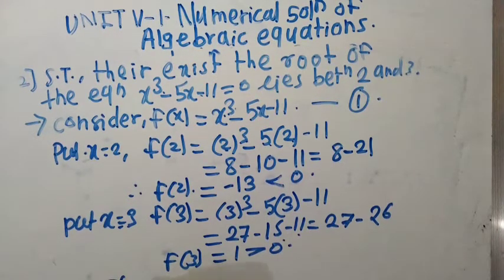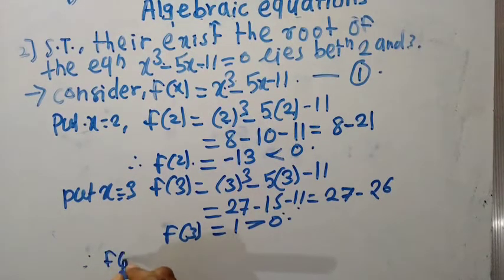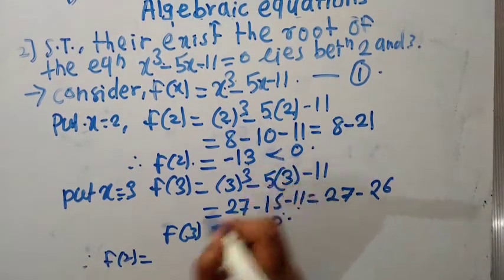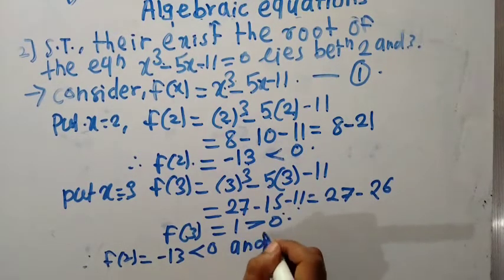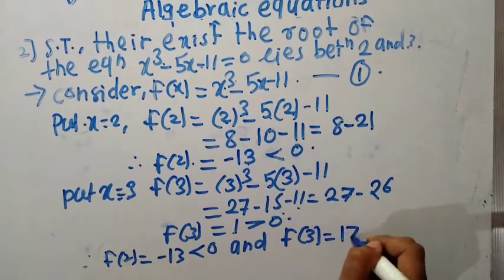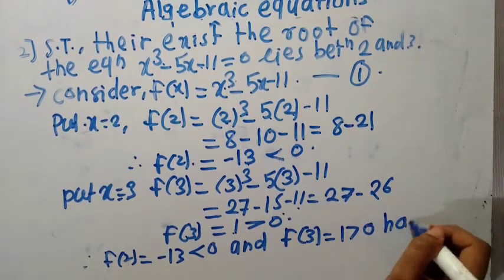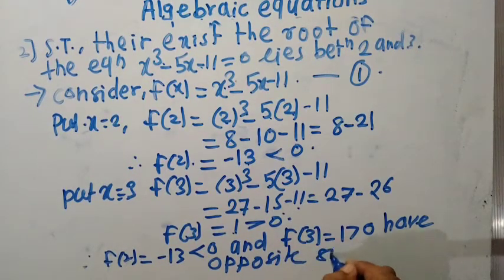Hence f of 2 is less than 0, and f of 3 is equal to 1 is greater than 0, have opposite sign. So root lies between 2 and 3.